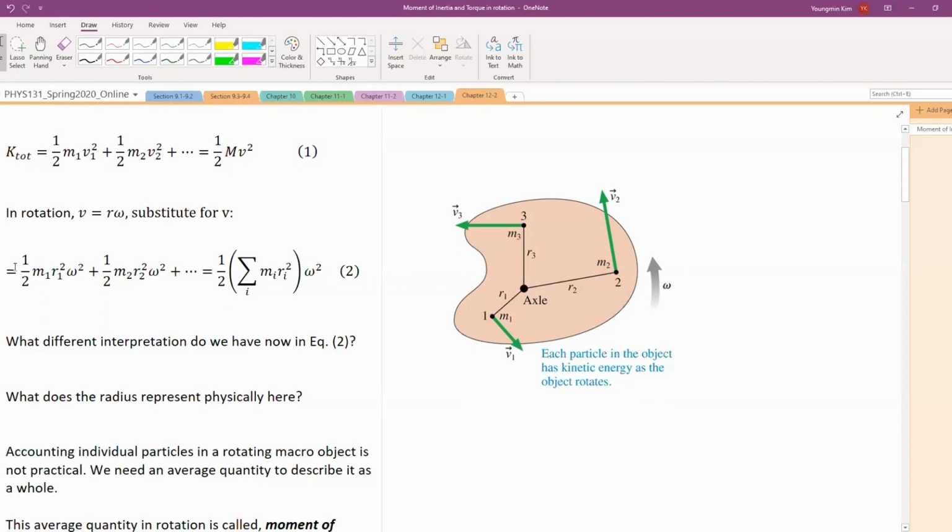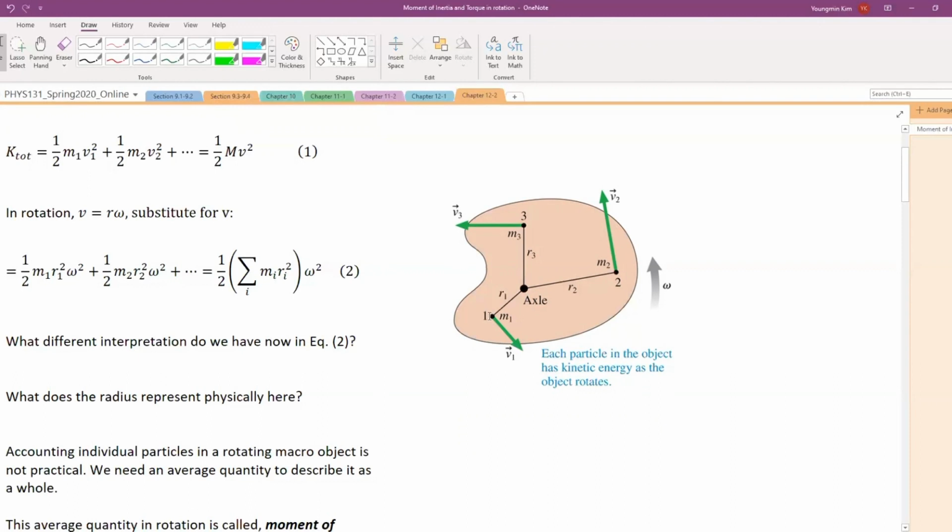Now, as you can see, the main difference between equation 1 and 2 is that you have a radius component inside. What does the radius here represent physically? Consider this figure once again. You have this object this far away from the axis, and so on.